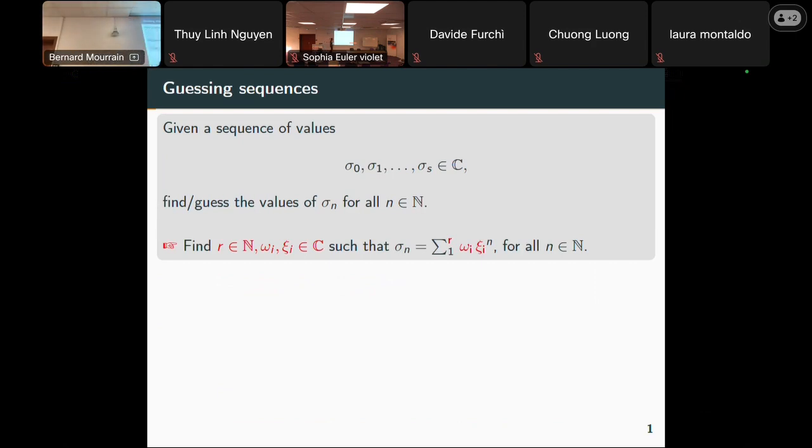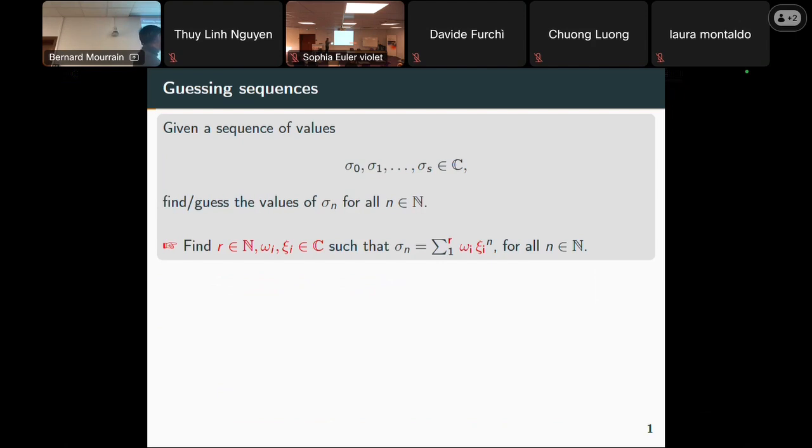For instance, the structure we want to detect is this kind of structure where you have some weights and some points to the power n. So we could imagine that each element here of the sequence is of this form.